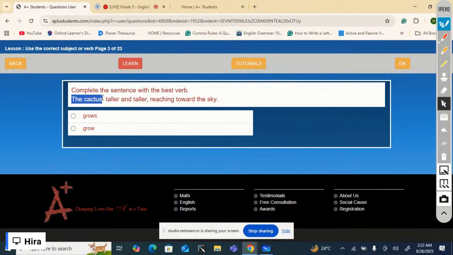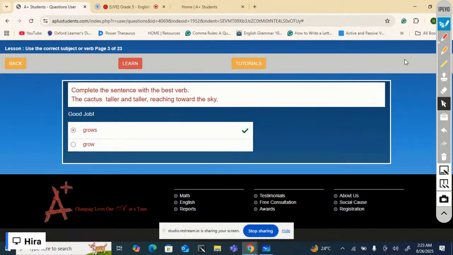Let's wait for more answers. Well, the cactus is a singular subject. It means we are going to use a singular verb and that ends in s. Grows. Yeah, the cactus grows taller and taller, reaching toward the sky.